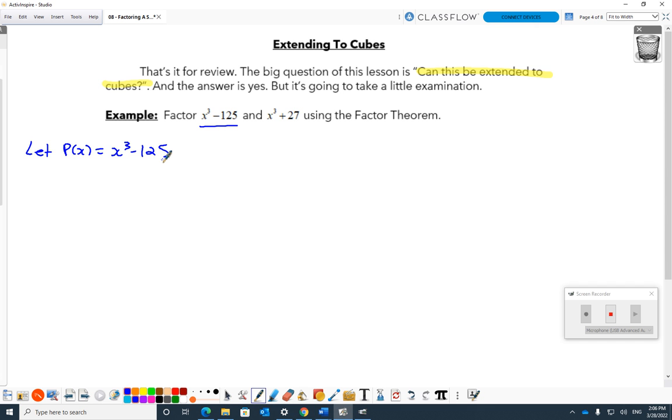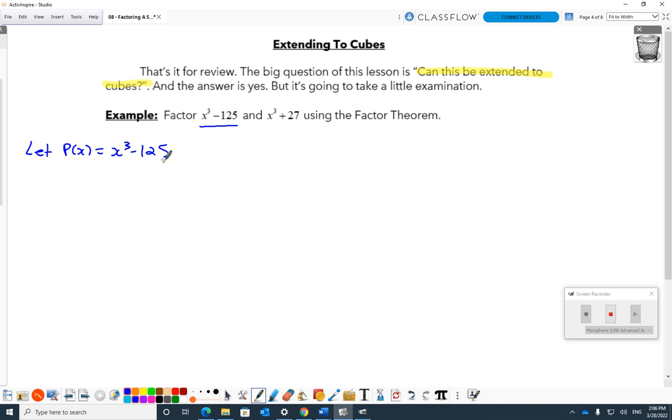And then if somebody asked you about factoring right now, you might tell them the plan is just to sub in random numbers until you get 0. And that's a pretty good description of what's going on, but it's not perfect. The perfect description is I'm going to sub in certain numbers. Yeah, she's seeing right through it that the third root of 125 is definitely going to work here.